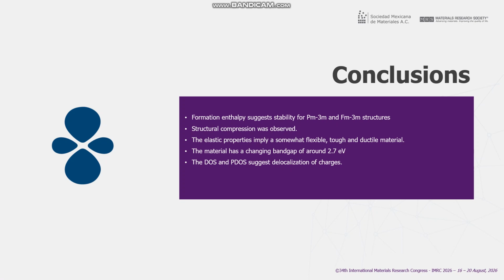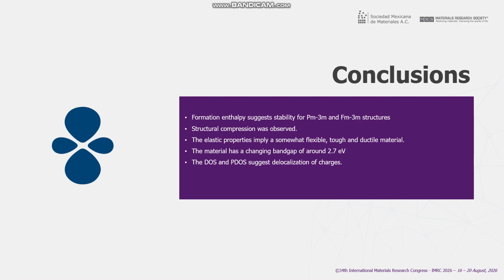And to conclude, we'd like to say that formation enthalpy suggests stability for the Pm3m and Fm3m structures with two back and forth transition pressures at around 2.5 and 4.2 gigapascals. Then that structural compression was observed because of the increase in hydrostatic pressure on the compound.